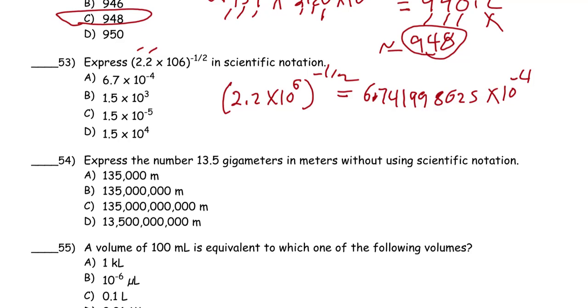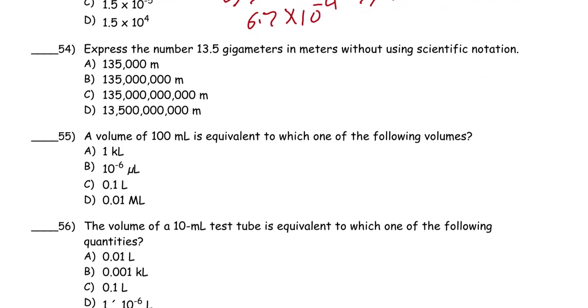We need only 2 significant figures: 1, 2. What about the 4? All of that we will cancel. So 6.7 times 10 power negative 4. We cancel the 4 because it is less than 5, so it doesn't increase 7 to 8. So the answer is 6.7 times 10 power negative 4. That means it is letter A.